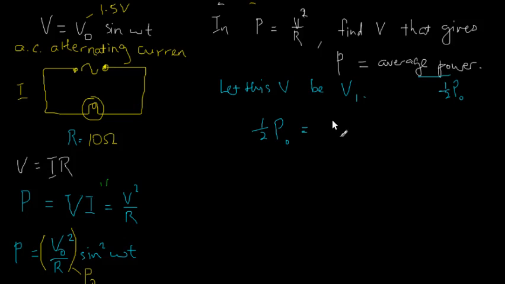So this is V1 squared over R. Now if I rearrange this, I would get an expression for V1.